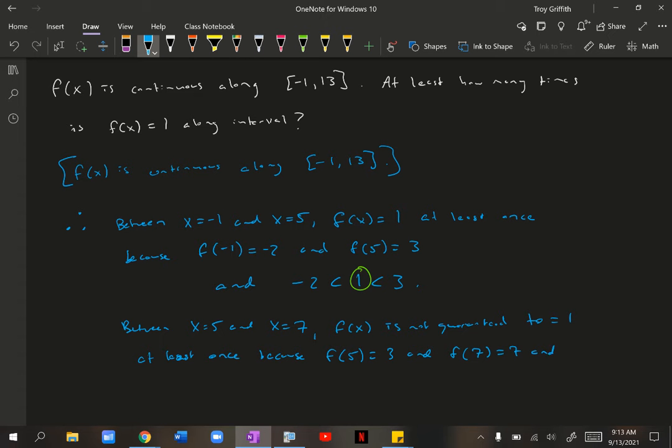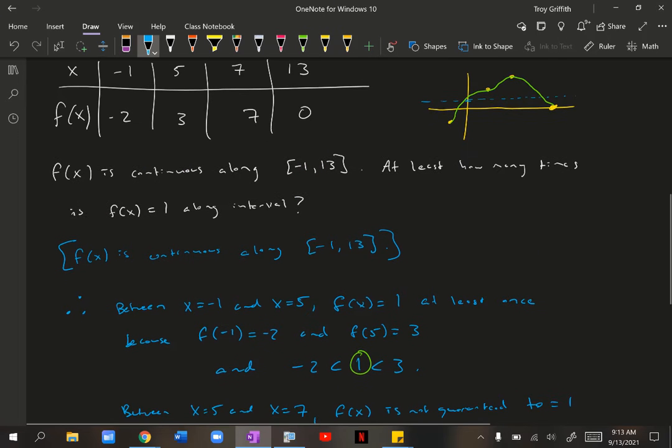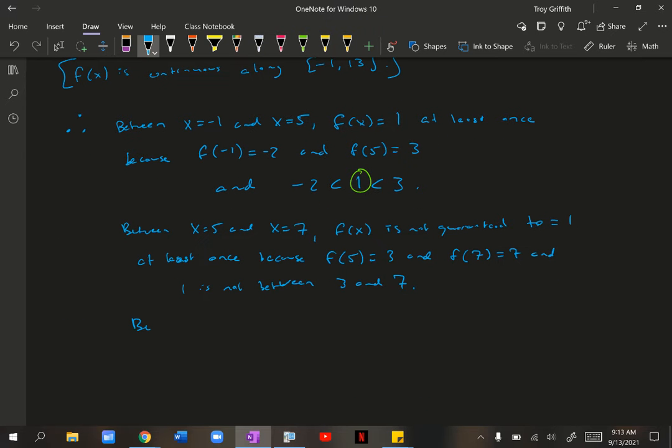And I know this sounds obvious, but we would have to say that 1 is not between 3 and 7.